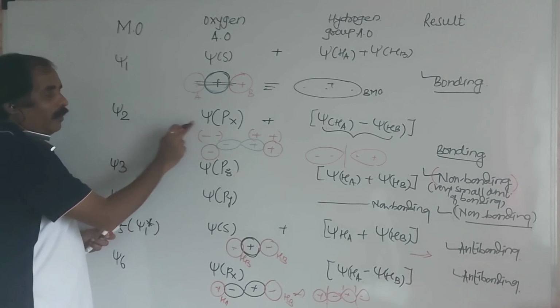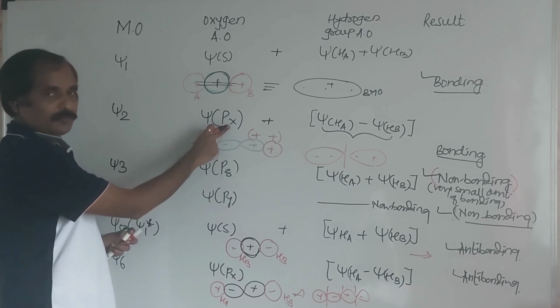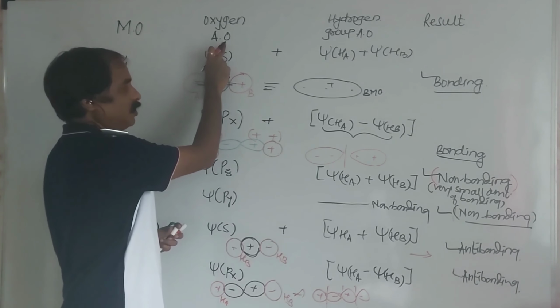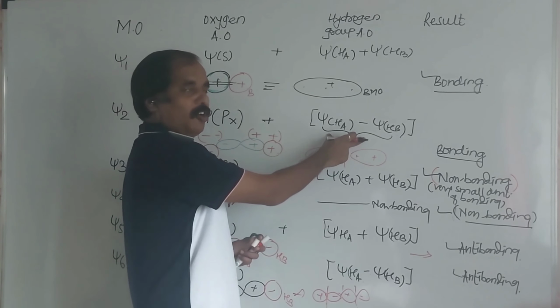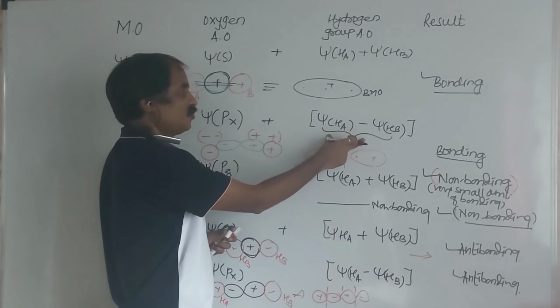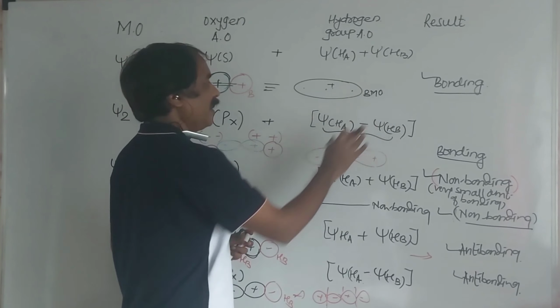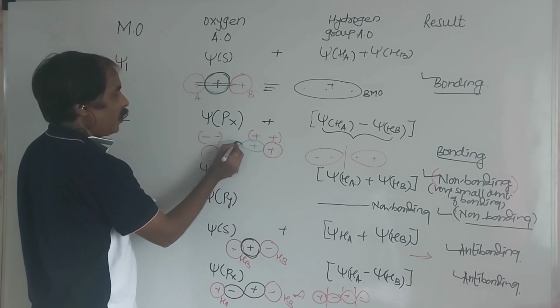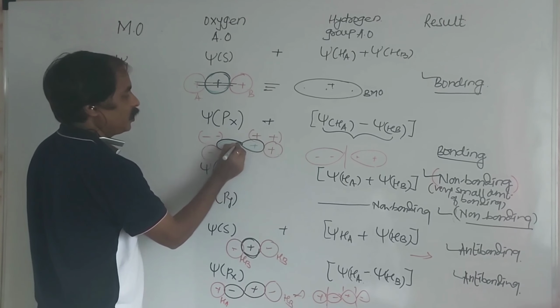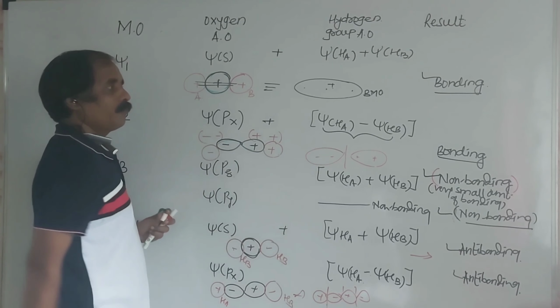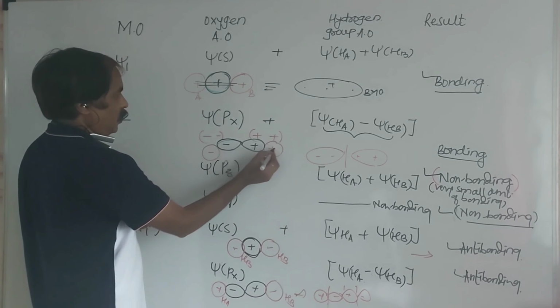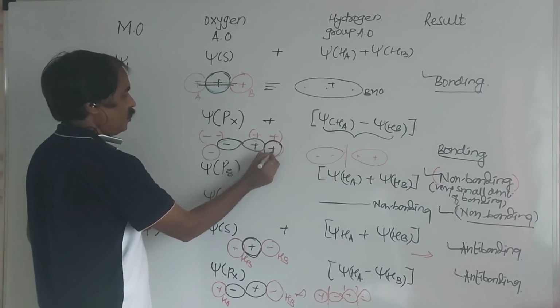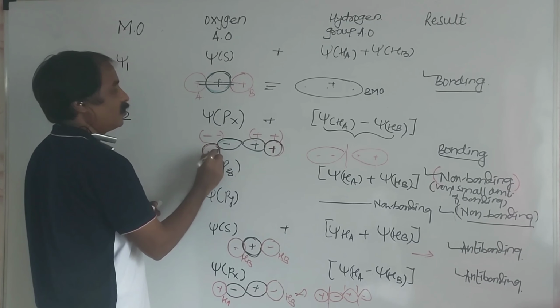Second, here I have taken the wave function of px of oxygen and group atomic orbitals of hydrogen atoms, one with positive amplitude, another with negative amplitude. Addition of these two: here I have taken px, here it is positive, here it is negative, isn't it? Here it is the positive wave function of one hydrogen, here it is the negative wave function of another hydrogen.